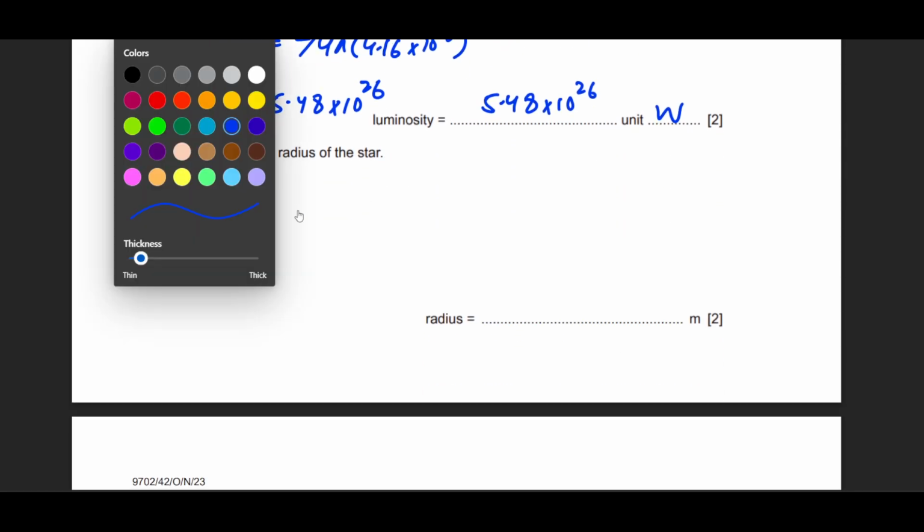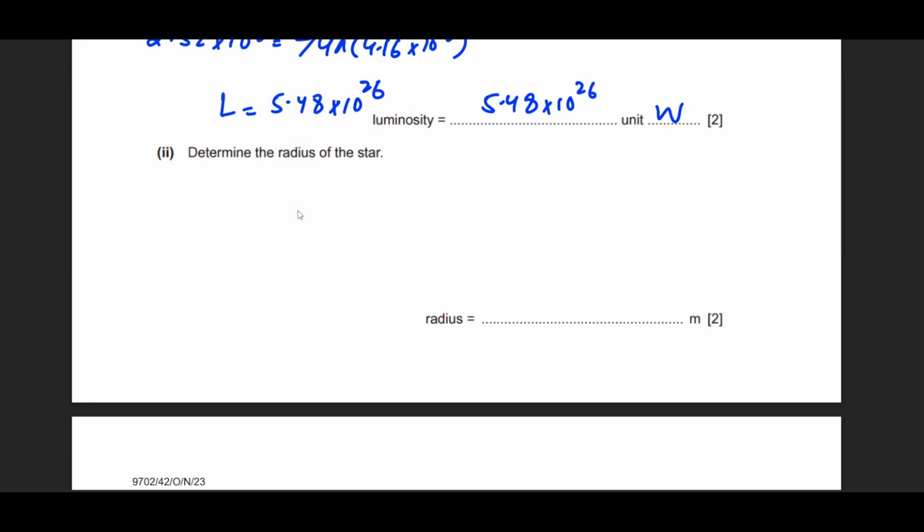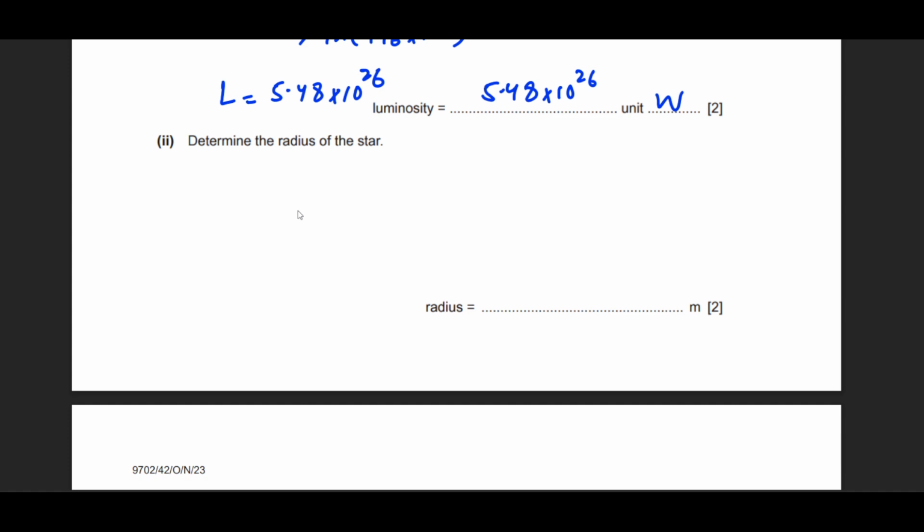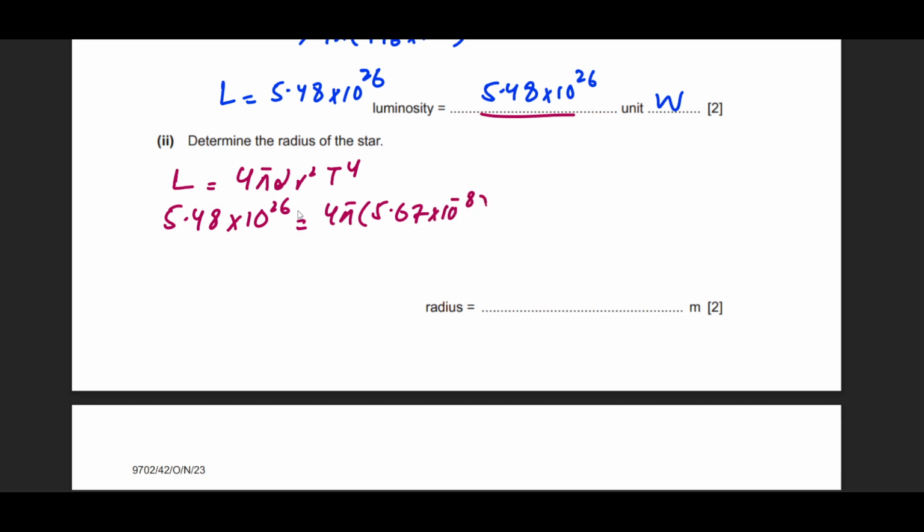Then he asks you to find out the radius of the star. This can only be done by using the Stefan-Boltzmann law, which is L equals 4 pi sigma r squared T raised to power 4. L is found in the previous part, which is 5.48 into 10 raised to power 26. 4 pi sigma, where sigma is 5.67 into 10 raised to power minus 8.